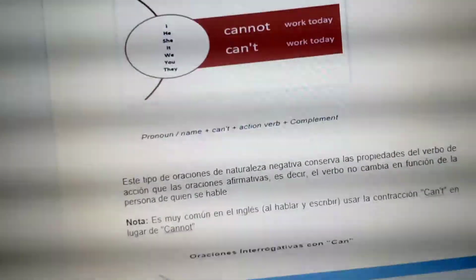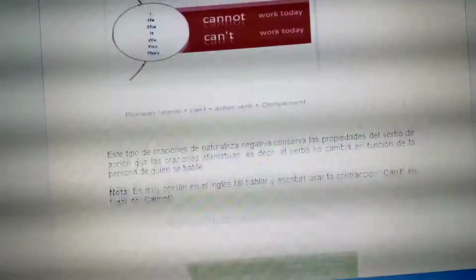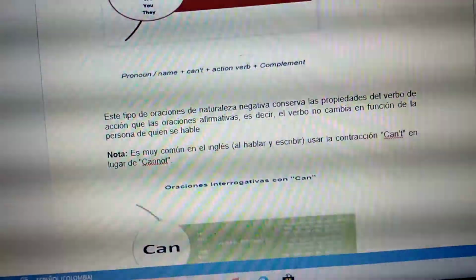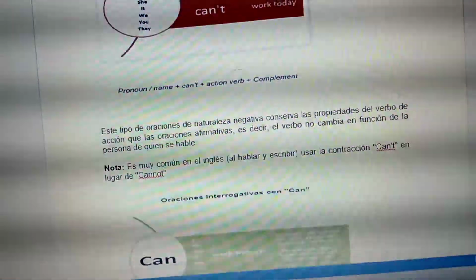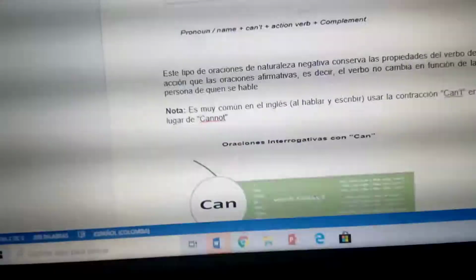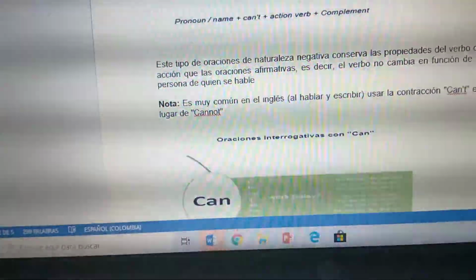Negative sentences: pronoun or name, plus can't, plus action verb, plus complement. This type of sentence of a negative nature preserves two properties of the verb of action in affirmative sentences.